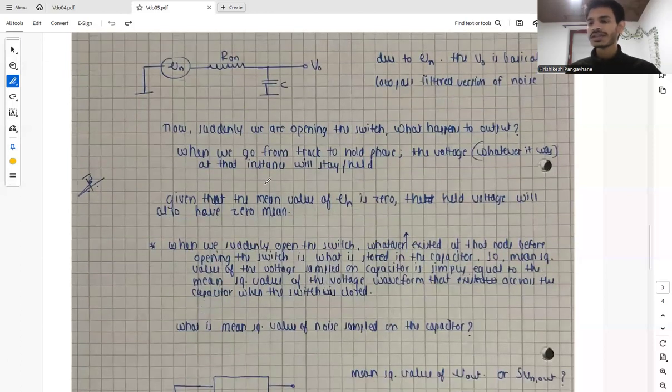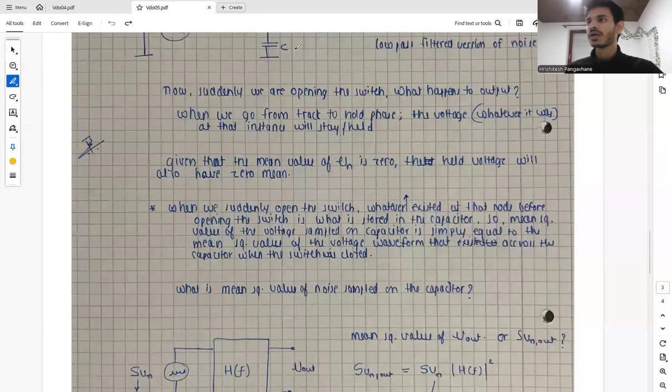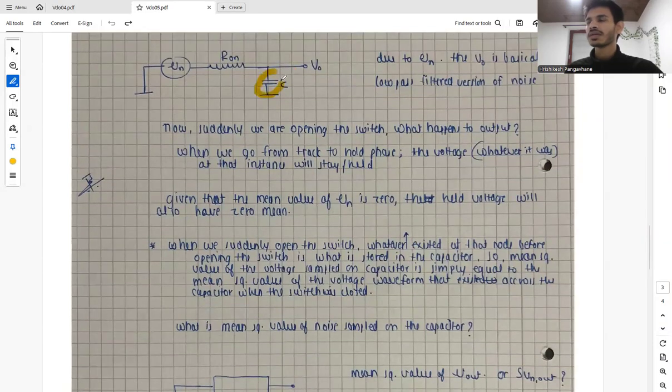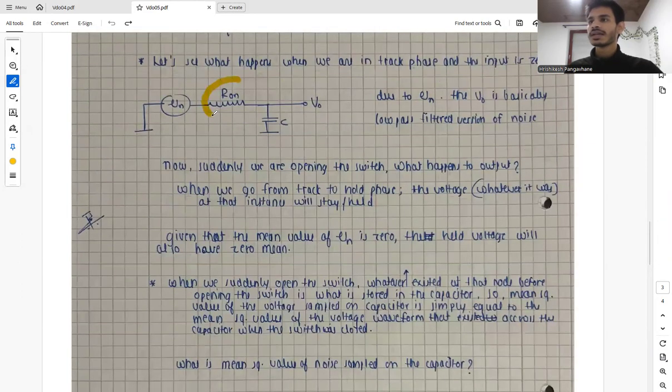So what is the mean squared value of noise sampled on the capacitor? That's our focus. Basically, what's the mean squared value of V naught, the sampled mean squared value at the capacitor?